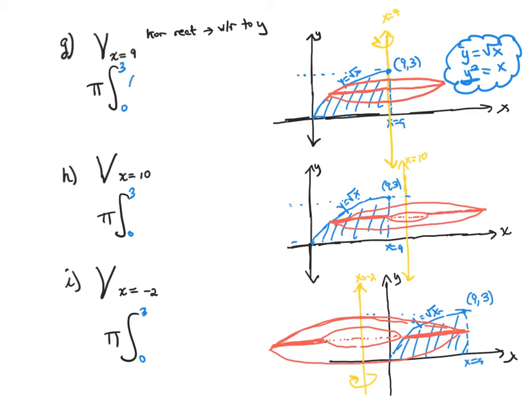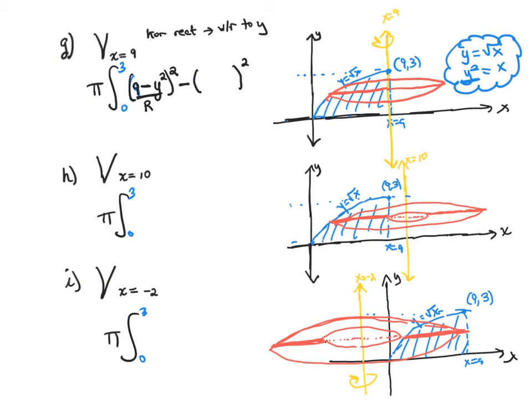Axis of revolution, which is 9, minus the curve furthest away from the axis of revolution. Well, that is y equals root x, or x equals y squared. And we square that. Don't forget to square the radius. This represents the outer radius squared.